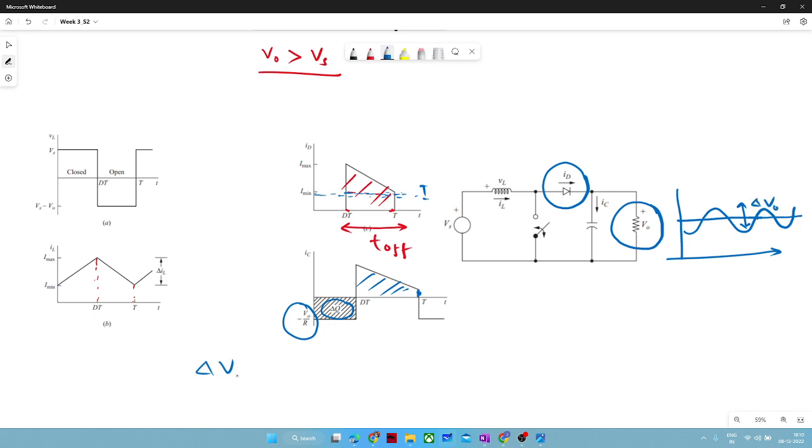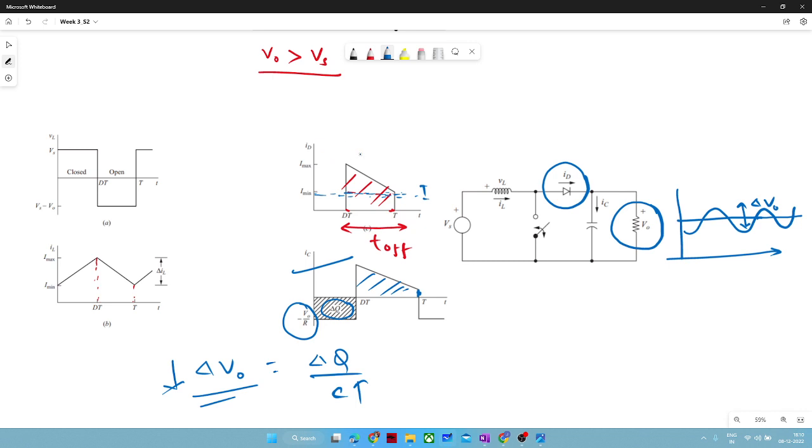You can derive that from this graph. That will be delta Q by C. So again, if you increase the value of capacitance, your ripple will get reduced. This is a typical waveform of capacitor current, and based on this waveform, you can easily calculate the ripple value. We will solve some problems where we can calculate those values from the graphs.